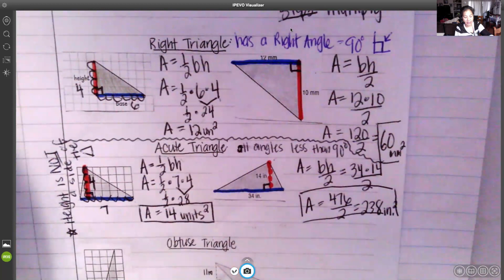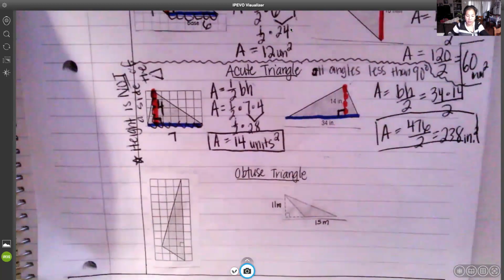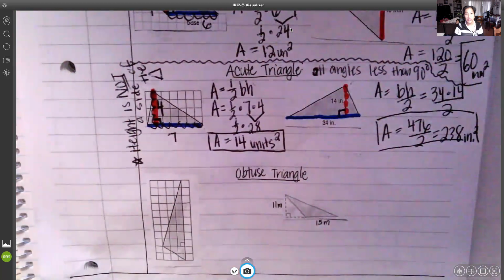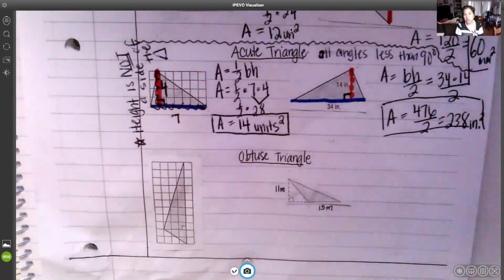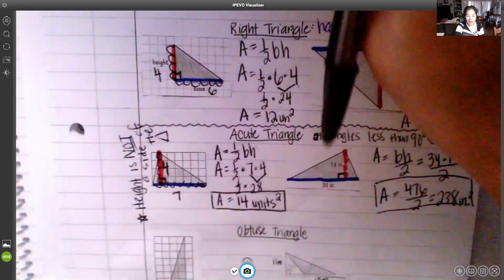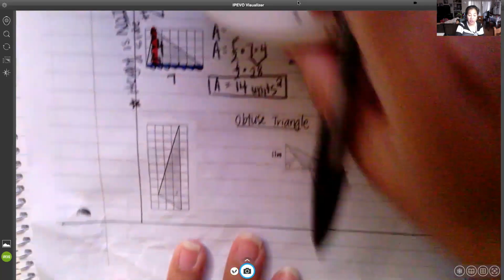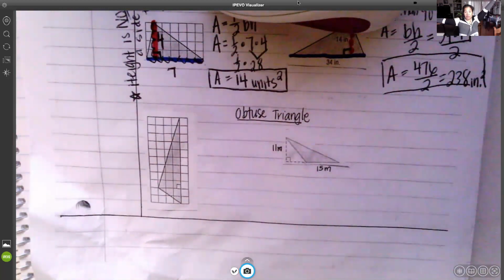All right, next is our obtuse. Hopefully you remember what obtuse means. When I think of obtuse, I think of obnoxious. People are obnoxious, they have big mouths. So obtuse, I think of big. With respect to the 90-degree angle, an obtuse triangle has to have one angle that is greater than 90.